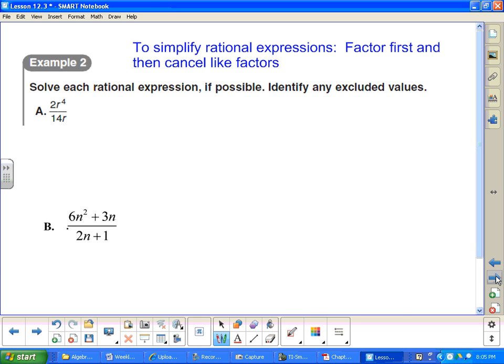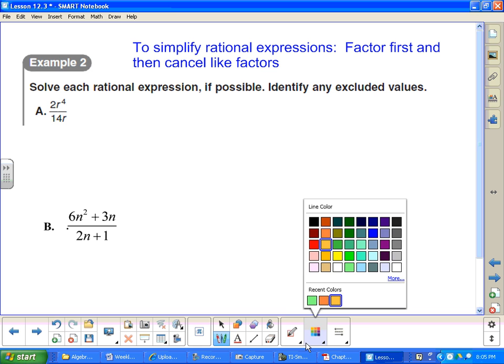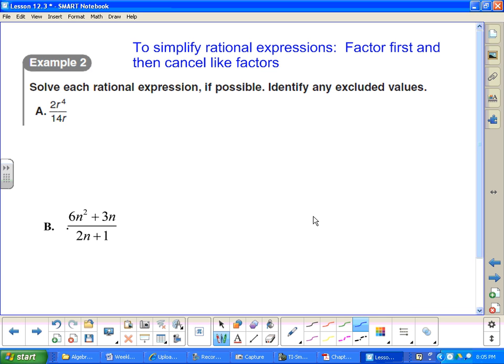They're also asking us to identify any excluded values, meaning what makes the denominator equal to 0. Even though we're simplifying, the excluded values refer to the original problem in factored form, not the simplified version.